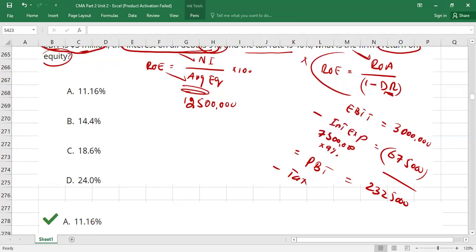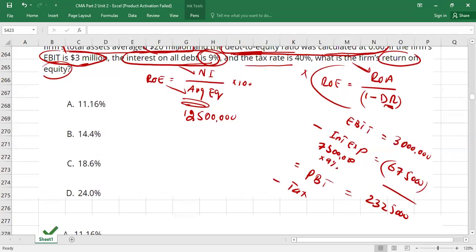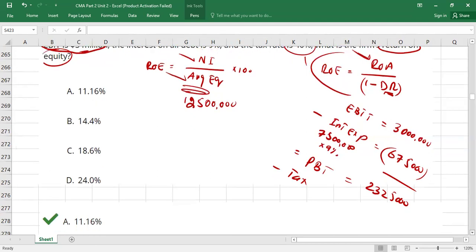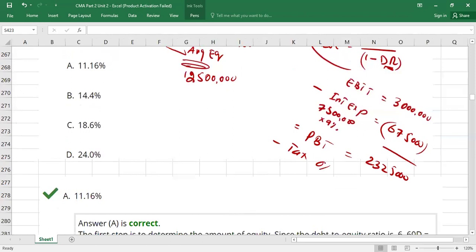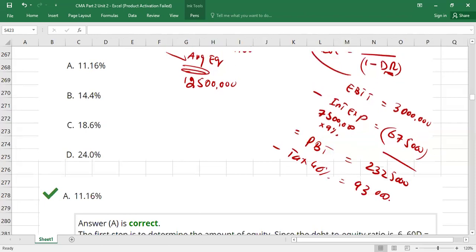And the tax rate is also given in the question. Tax is 40%, it's given here, right? So I'll take 40%. 2,325,000 times 40%, so tax is going to be 930,000.